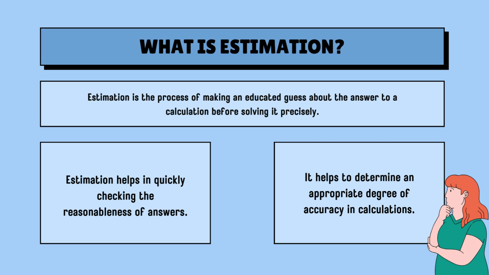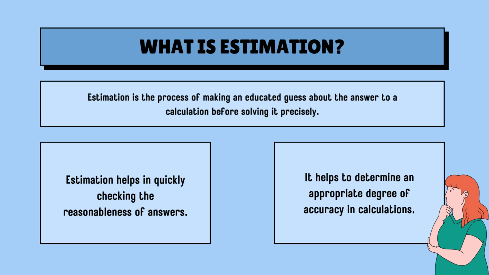So, I want you to put the word guess with estimation. That's basically a guess you make in your head, more or less, of what the answer at the end should be.